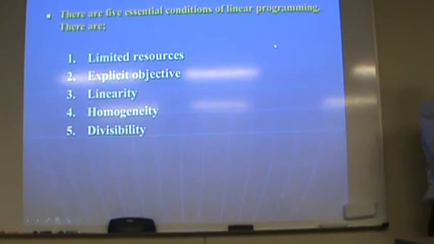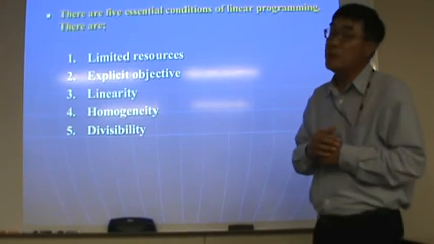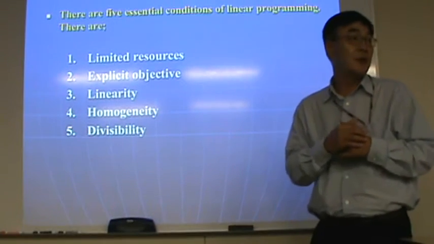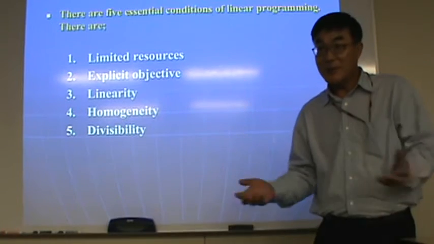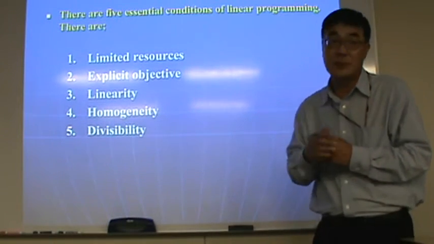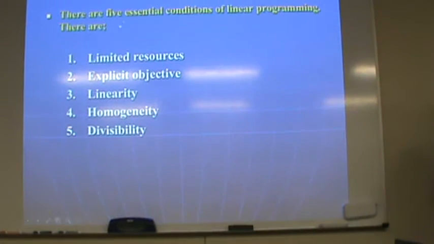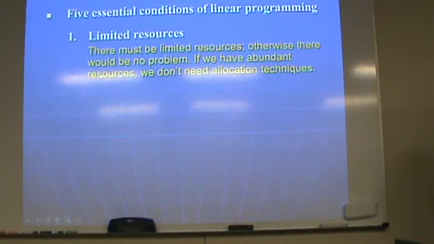There are 5 essential conditions. First, limited resources. If resources are abundant, we don't care, right? So the first condition is limited resources. And the second one, an explicit objective about those limited resources.